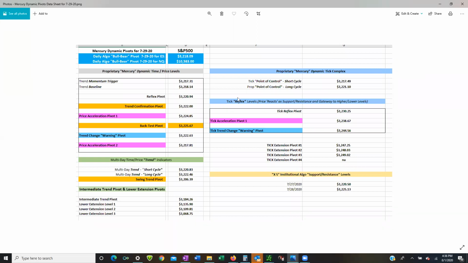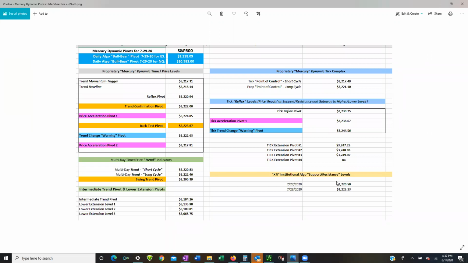That is, other than the daily bull bear pivot, the most important number to institutions. Now, not necessarily institutional algos, because they make decisions based on a lot of different metrics, but the institutions that just come into the day and say, this is a level we're either going to defend or we're going to sell into, that's it.